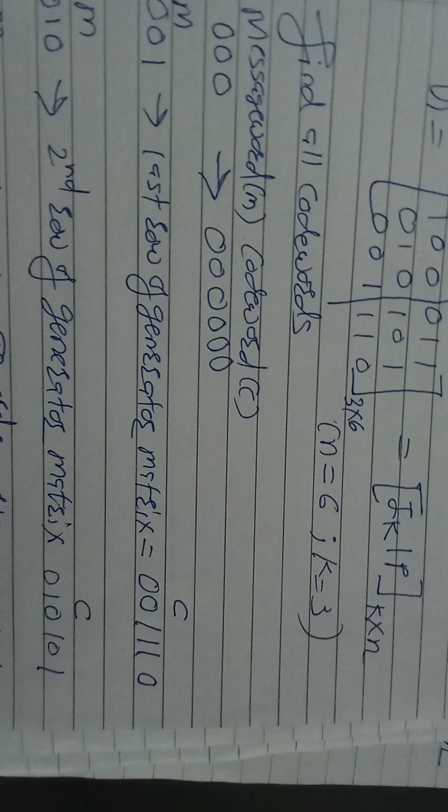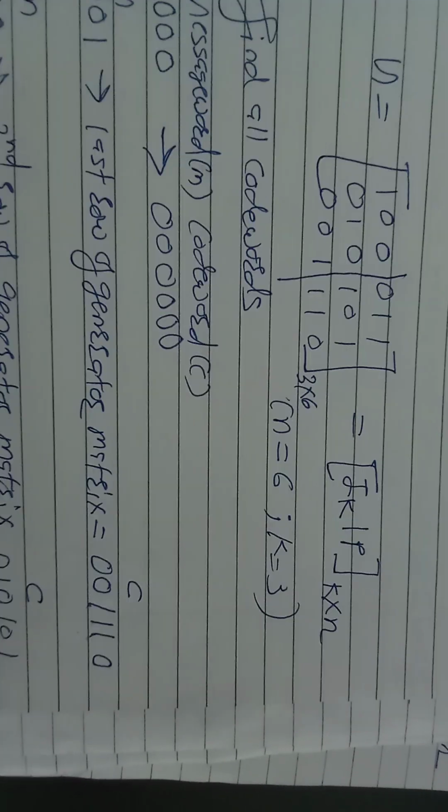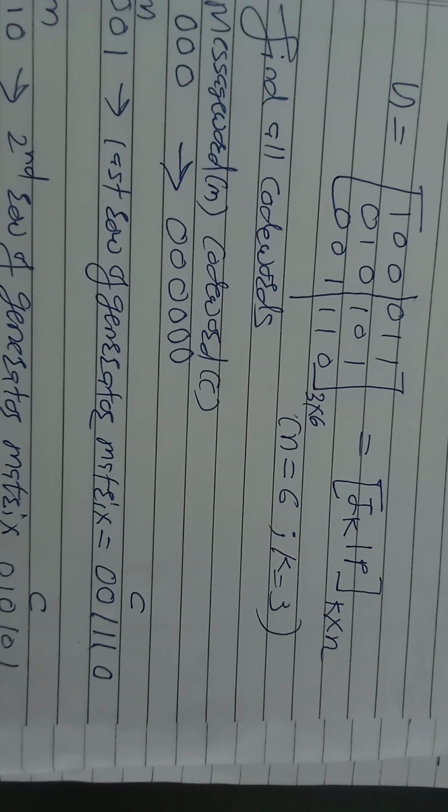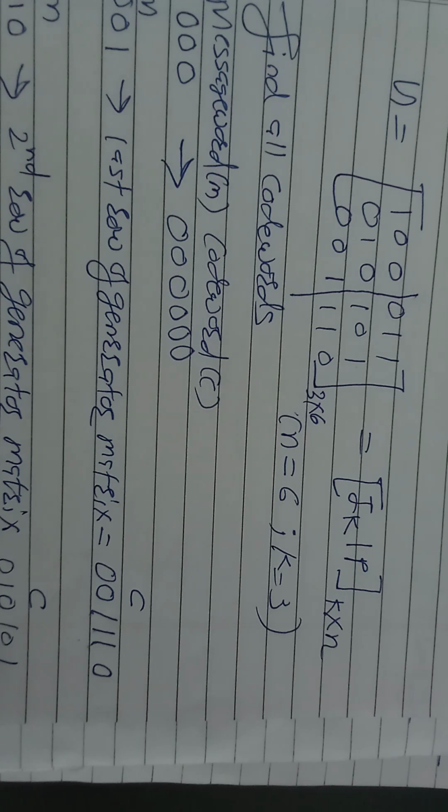Now you take your textbook and solve a number of problems like this, and you know that in the textbook you will get many more problems, but solve by this method and see the answer in the textbook.